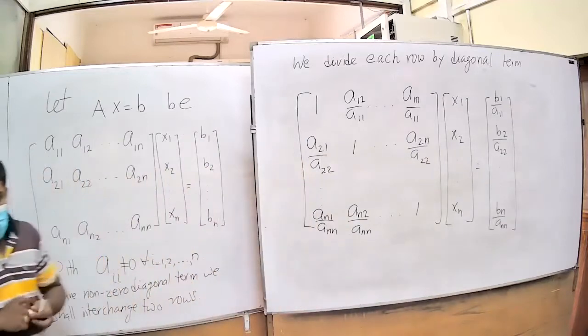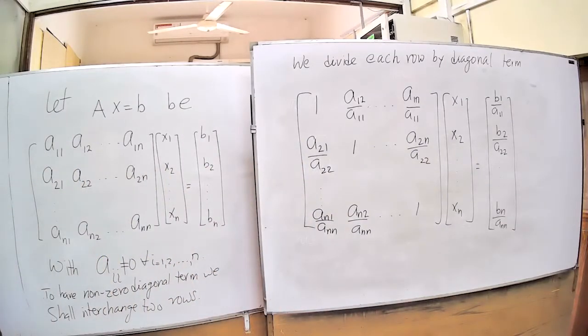So when you divide each row by the diagonal term, you get this from this system. You divide each term by the diagonal term, you end up with this.